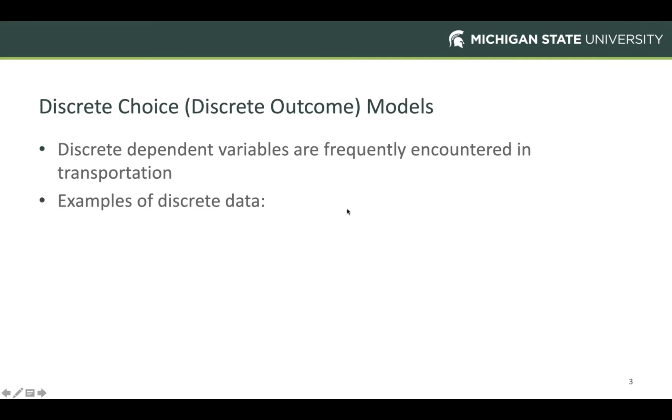So oftentimes in transportation, we run into dependent variables that are discrete in nature, or not continuous. The outcomes of those variables, or the different levels or categories, can be classified into a series of distinct and discrete categories.